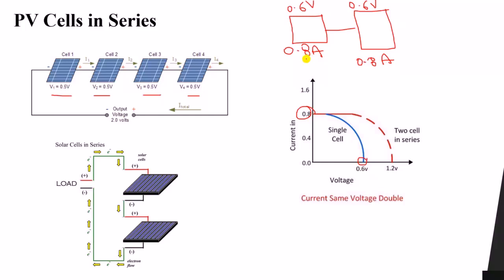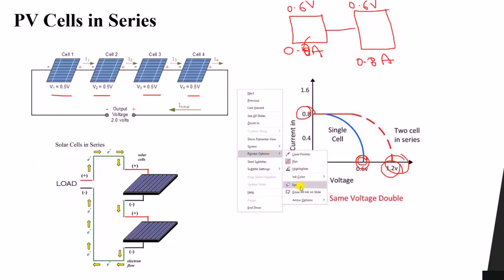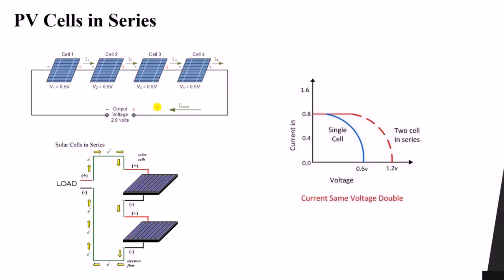You can see, let's say here 0.6 volt and 0.6 volt, and the summation gives us 1.2. So when we increase the number of cells, the voltage will increase. You can see it shifted to the right. Here this figure is similar to this one.